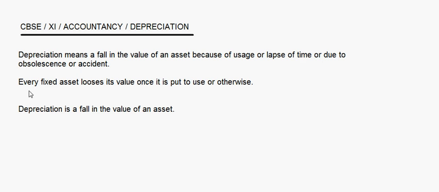Every fixed asset loses its value once it is put to use or otherwise. Even if the fixed asset is not used, it is being kept like that. If you purchase a machinery and you are not using that machinery, it's being kept aside, still it loses its value. So still the depreciation occurs in the fixed asset, and if it is being used, then obviously it depreciates.